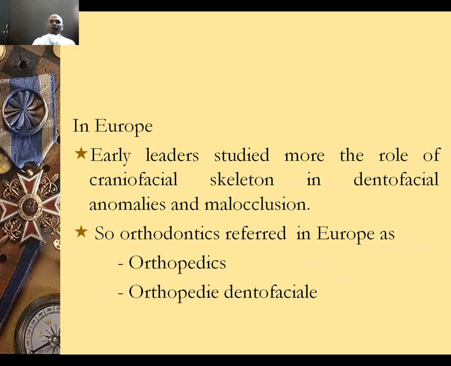In Europe, early leaders studied more the role of the craniofacial skeleton in dentofacial anomalies and malocclusion, so orthodontics was referred to in Europe as orthopedics or dentofacial orthopedics. In America, they were doing more research on fixed appliances, that is brackets, while in Europe they were researching more about removable appliances, or myofunctional appliances in particular.